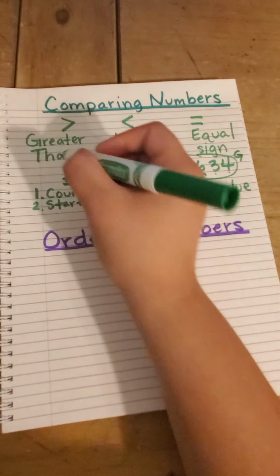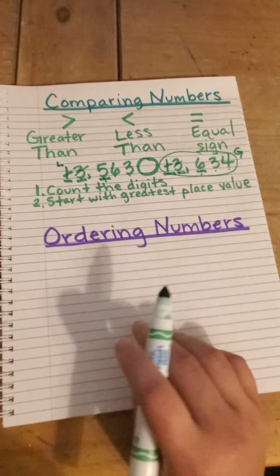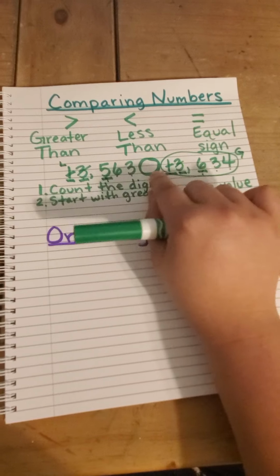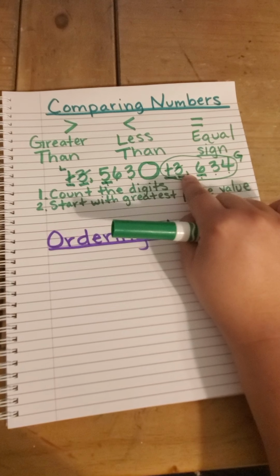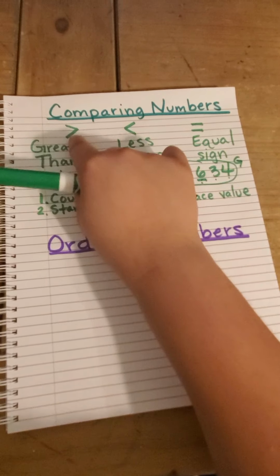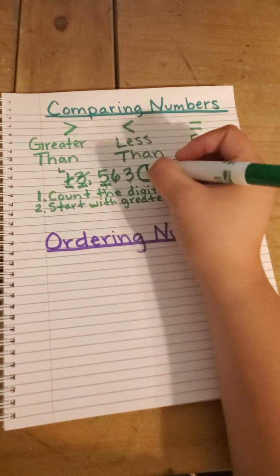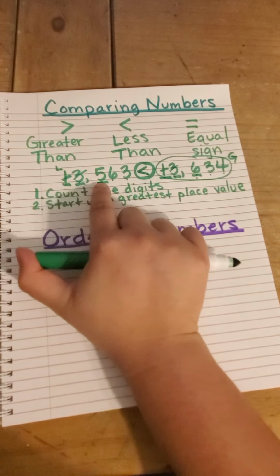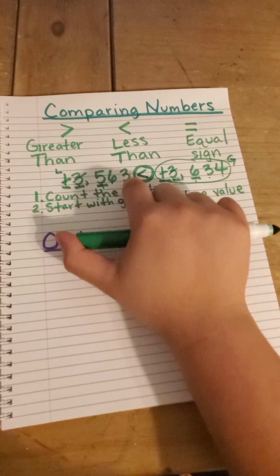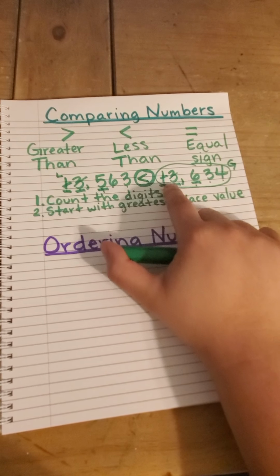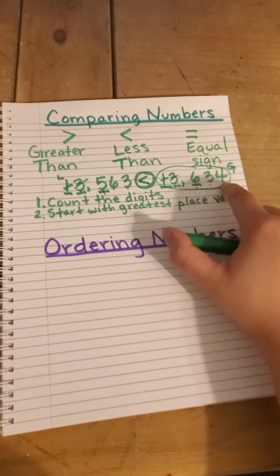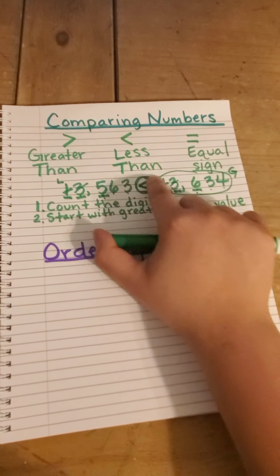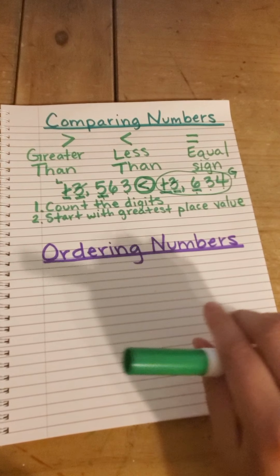If this one's greater, that means this one's less than. So I know the first number is less than the second number. So the sign I'm going to use is the less than sign, because I know 13,563 is less than 13,635. So that's how we figure out what sign goes here in the circle.